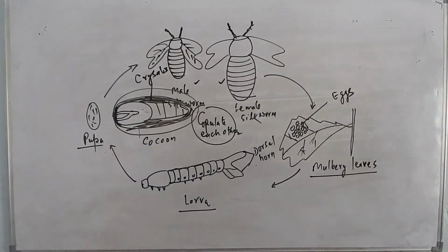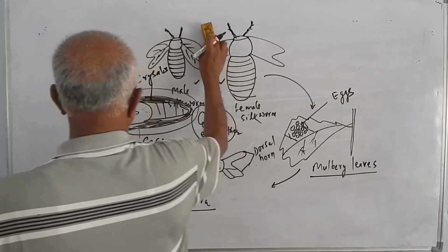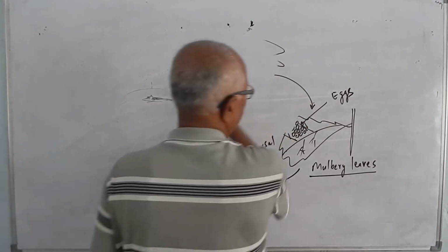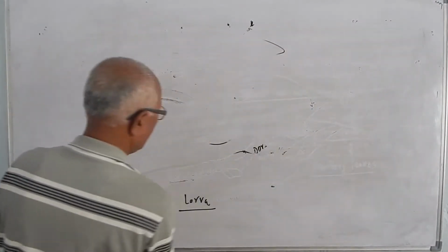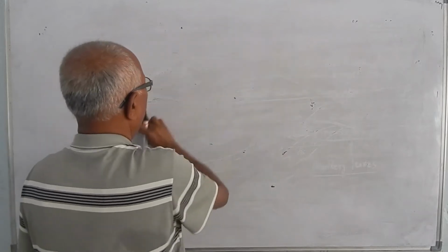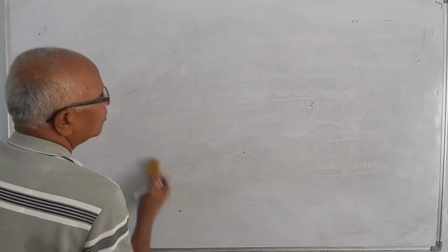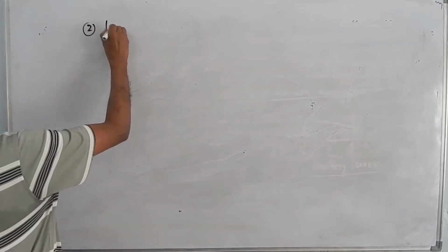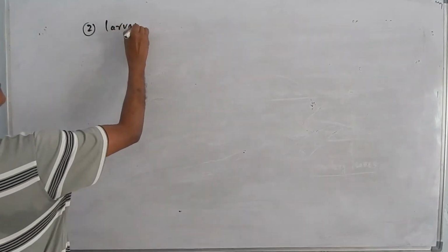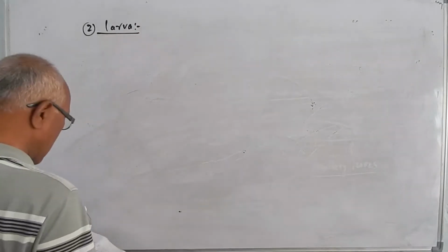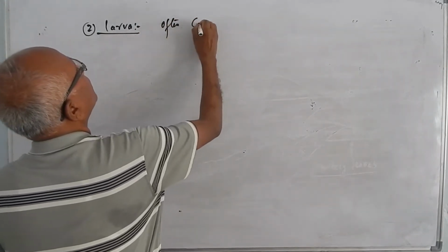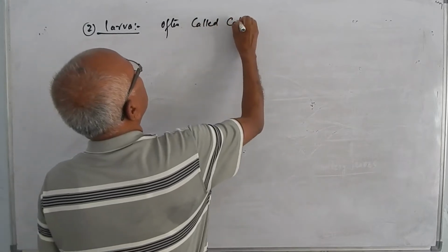So we describe the second stage, that is the larva. Second stage of the silkworm, that is the larva. It is often called the caterpillar.